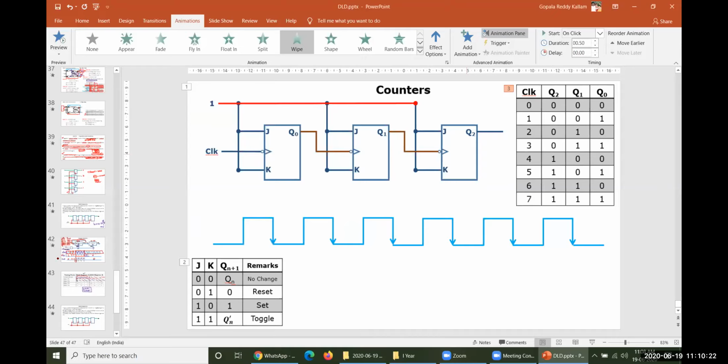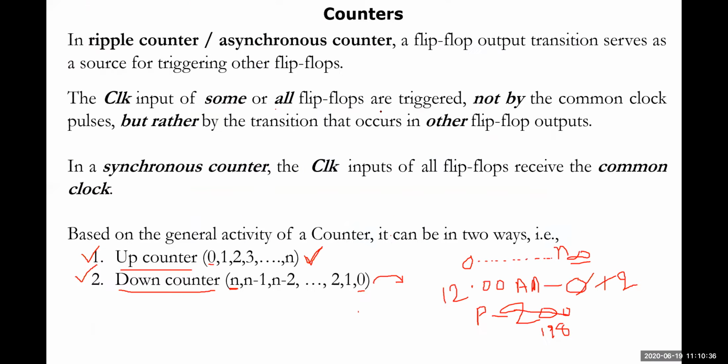The basic difference between ripple counter and synchronous counter is this. In a ripple counter, or asynchronous counter, the flip-flops available within the counter do not have the clock pulse commonly. They always depend upon the output of the previous flip-flop.